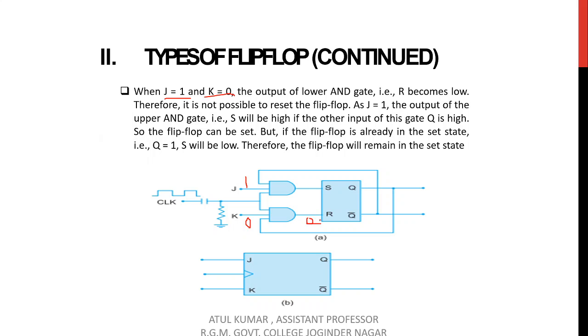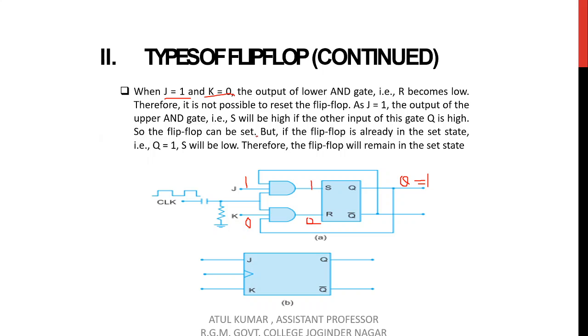So R is equal to 0 in this case, and suppose Q is equal to 1, Q bar is equal to 1, so the output here is 1. So the output of the upper AND gate becomes 1 when J is equal to 1 and K is equal to 0, and in this condition the output becomes Q is equal to 1. So the flip-flop is in the set state.